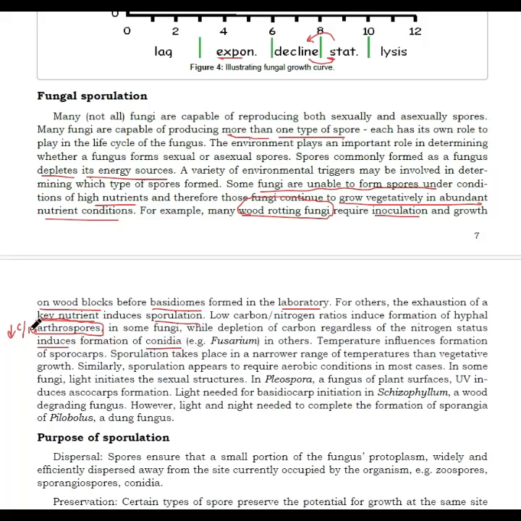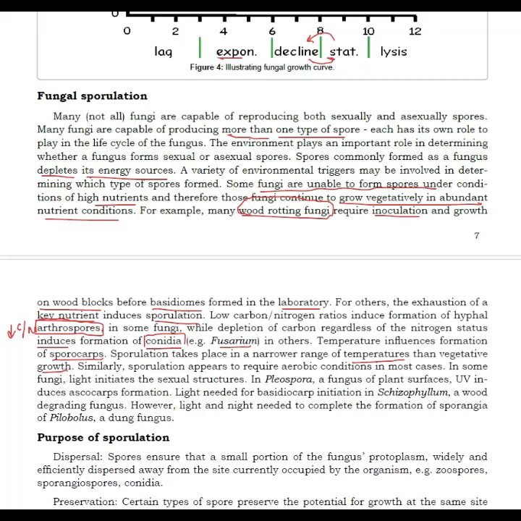So when nitrogen is normal but carbon compounds are depleted, conidia are formed. In the case of Fusarium, this occurs. In some cases, temperature also influences the formation of spores and sporocarps. Sporulation takes place in a narrower range of temperature than vegetative growth, which occurs in a wide range of temperature.